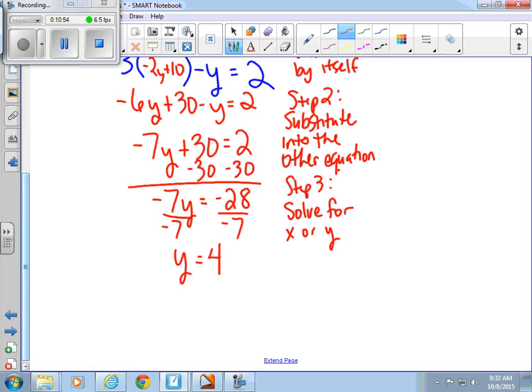There's one more step. I have y, but what do I not have? X. So go back. You can plug it into either equation to find the x.